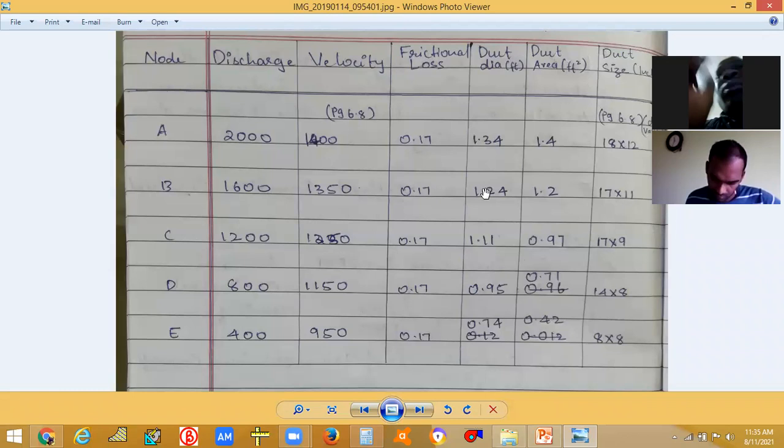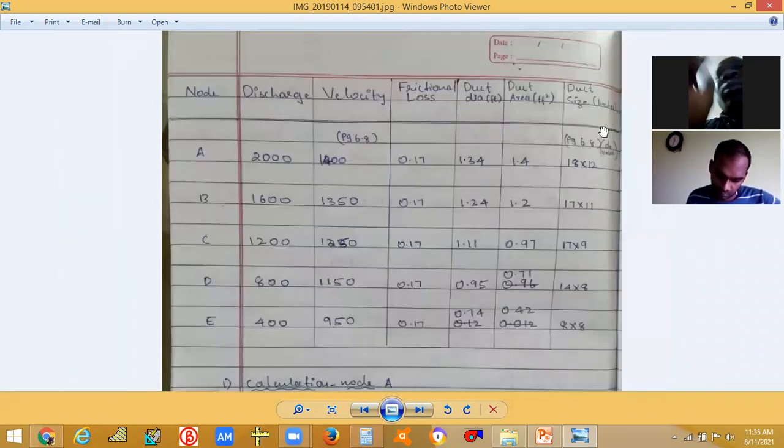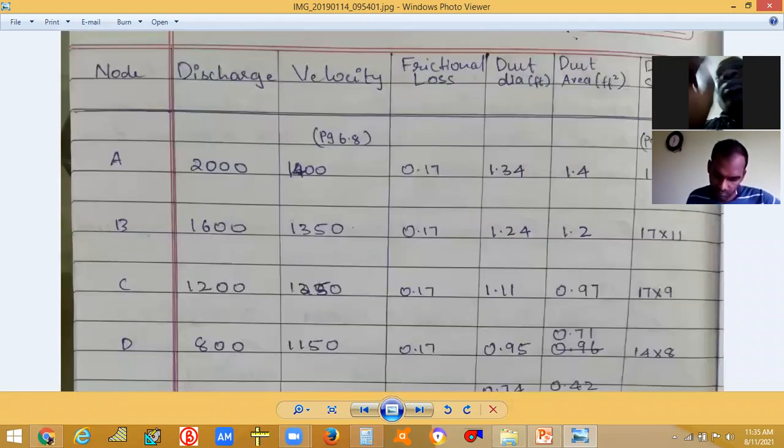But if you are dealing with a rectangular duct, we have to see 1.34 diameter means how much width into height. What will be the dimension of the rectangular one? Just to convert this diameter into rectangular duct. I will show you the duct size also, then we can deal with another topic.